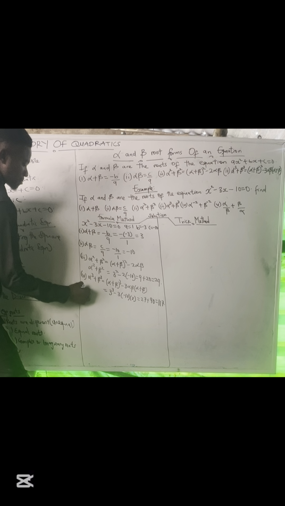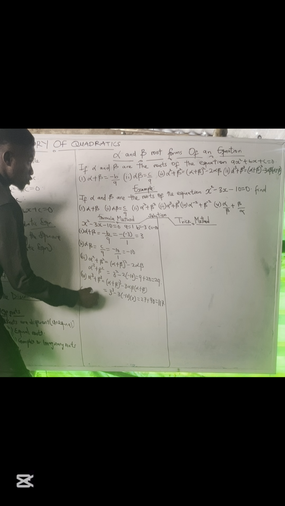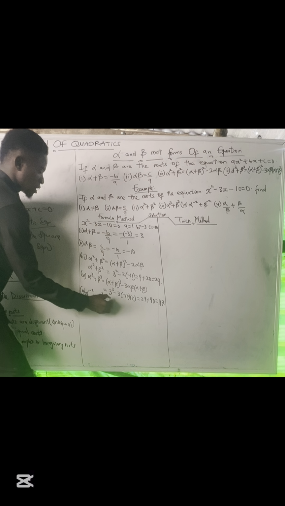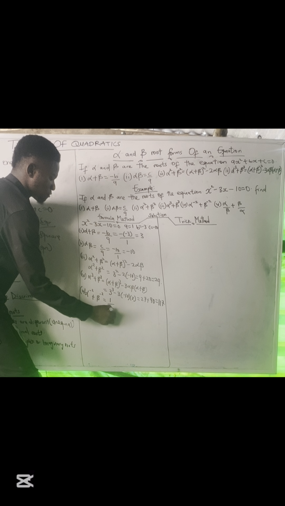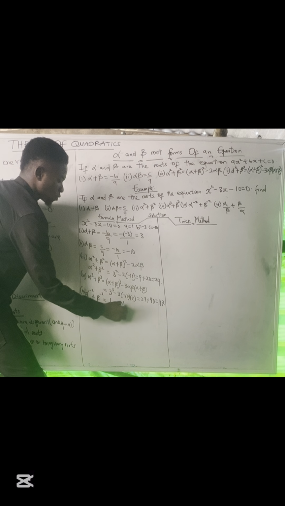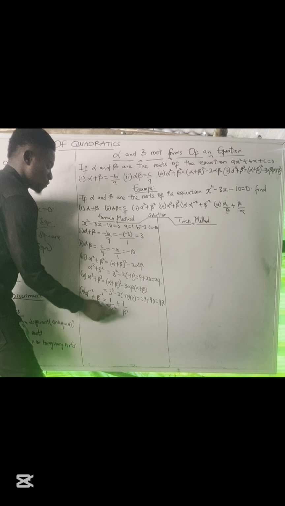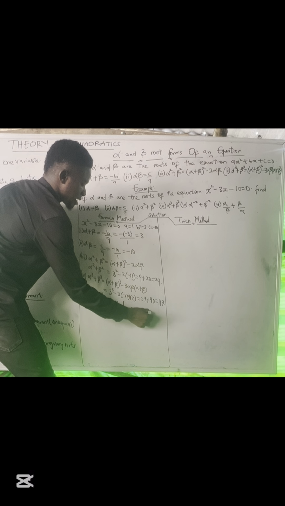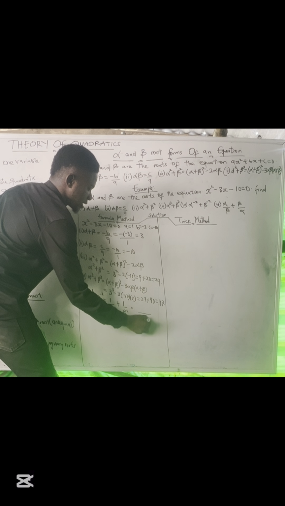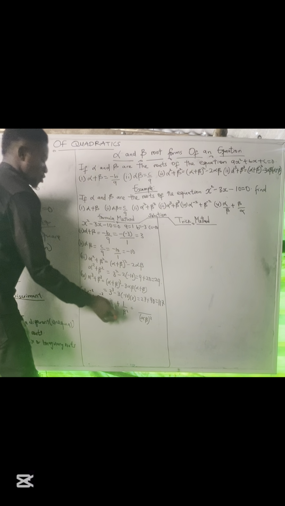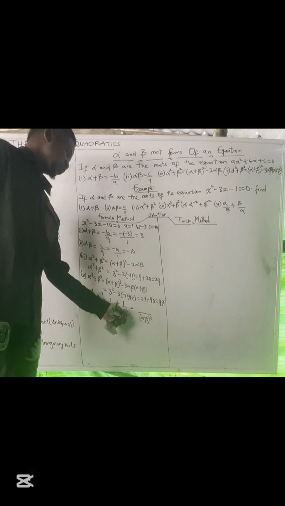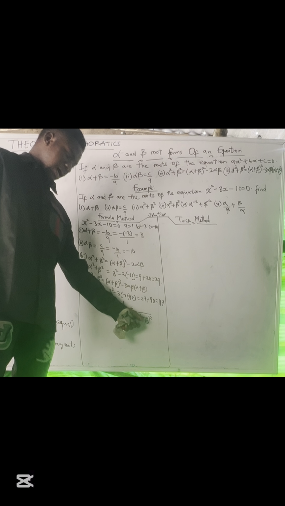The next thing we expect to do is alpha raised to the power minus 2 plus beta raised to the power minus 2. Now remember, we can firstly rewrite this expression as 1 over alpha squared plus 1 over beta squared using the indices law. The next thing is to look for the LCM, which is alpha beta all squared, that is alpha squared beta squared.